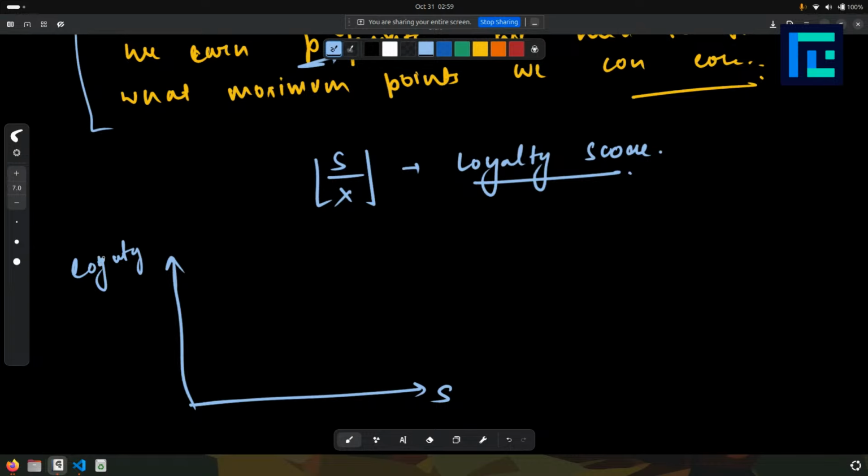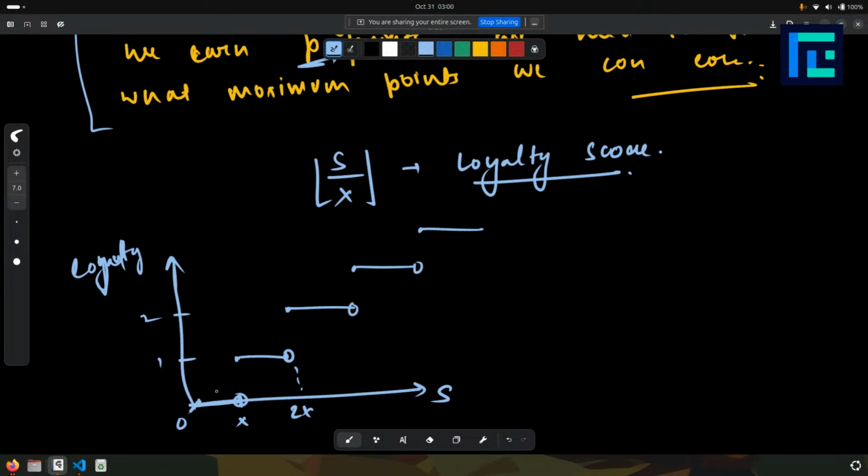How will this look? From 0 till X, the score will remain 0, and at X, the score will become 1. Then till 2X, the score will remain 1, and then it will become 2. So basically, the graph will somewhat look like this.